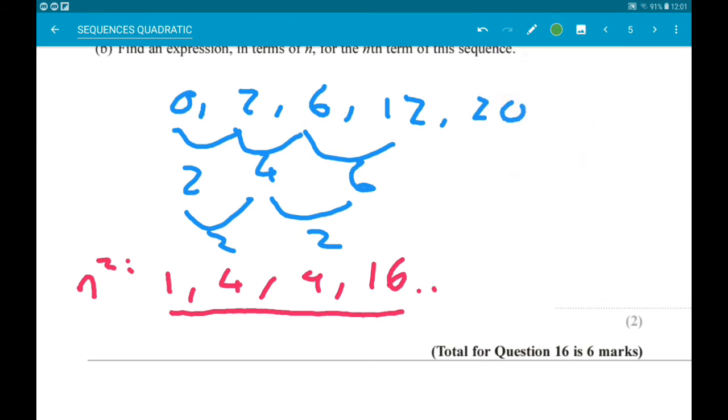So 0 minus 1 is minus 1. 2 minus 4 is minus 2. 6 minus 9 is minus 3. And 12 minus 16 is minus 4.